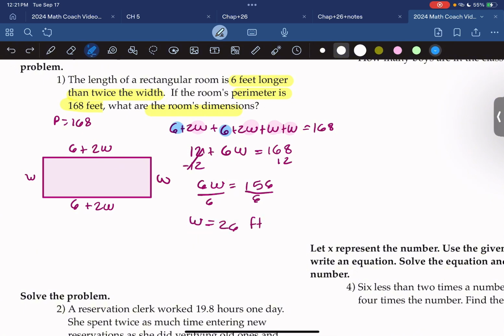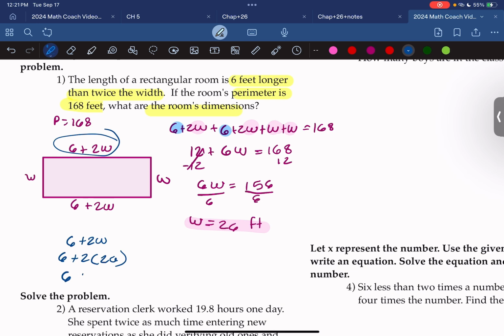Let's do another color. So that's the width. And then in order to find out the length, we just plug in the value that we got into this equation. So we would do 6 plus 2w. 6 plus 2, w is 26.